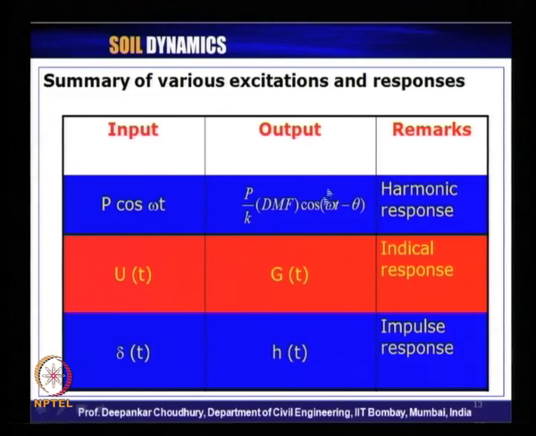This was our final output of steady state response for a harmonic loading, and we call the response the harmonic response. When we have the Heaviside step function, the response is the indicial response. When we have Dirac's delta function, the output is h of t, that is the impulse response. So, we had stopped up to that portion.